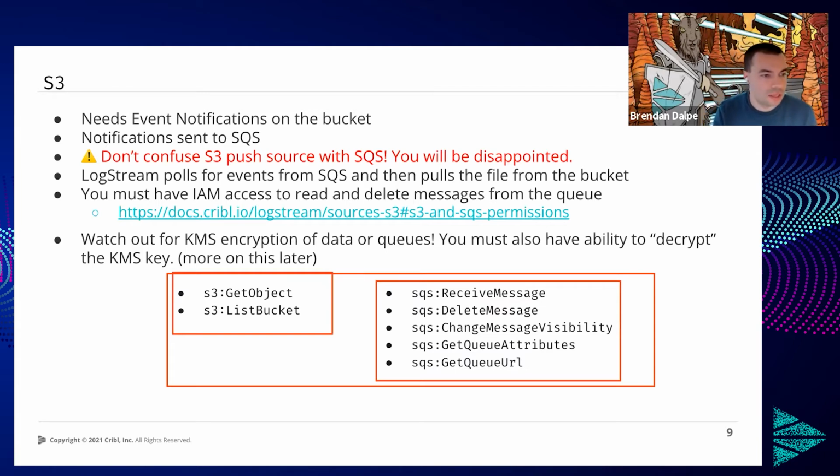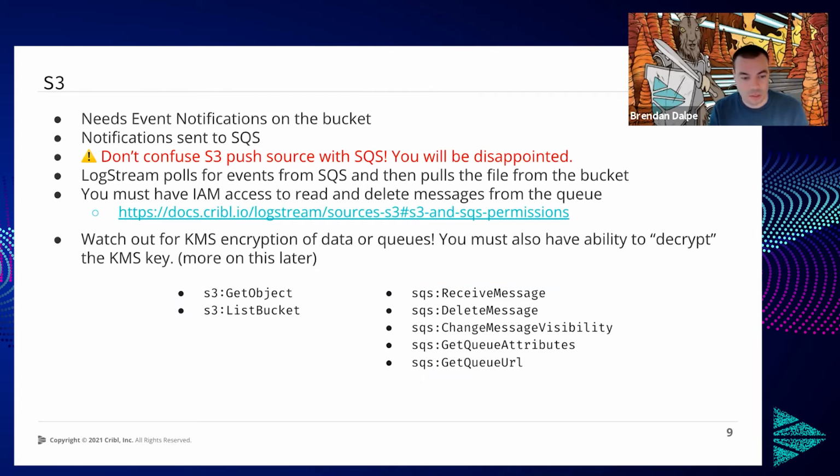I did make a note that if you are using KMS encryption, whether that's S3 managed or a customer managed KMS key on the Amazon side, you also need the ability to decrypt the data on Amazon. There's a small call out in a couple slides here that I'll talk about.